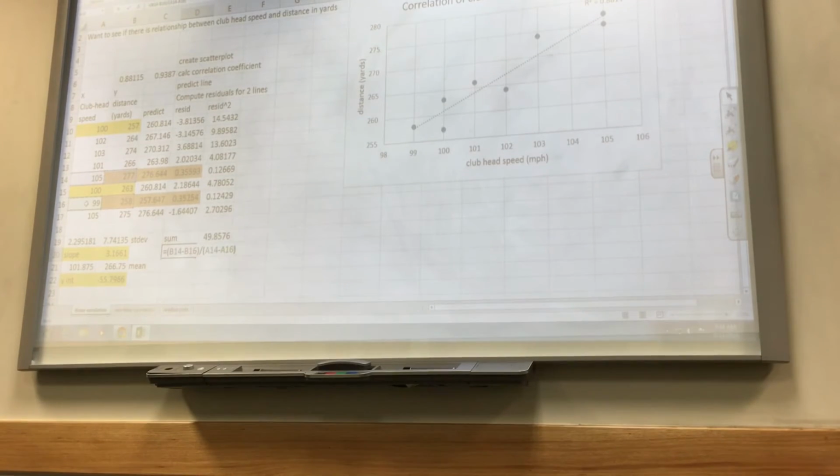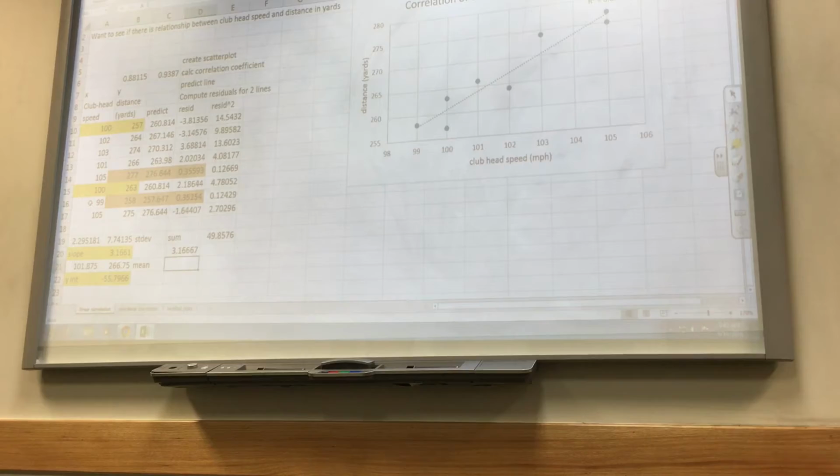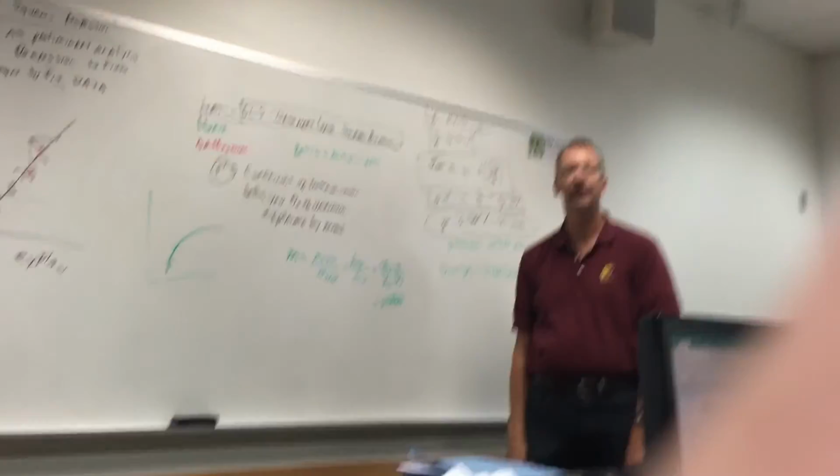You guys are all familiar with that? This is the Math 1010 way. And look, her slope is really close to the slope I got, right? That makes you think pretty good. In this case the slope is 3.166666, and it goes on forever.